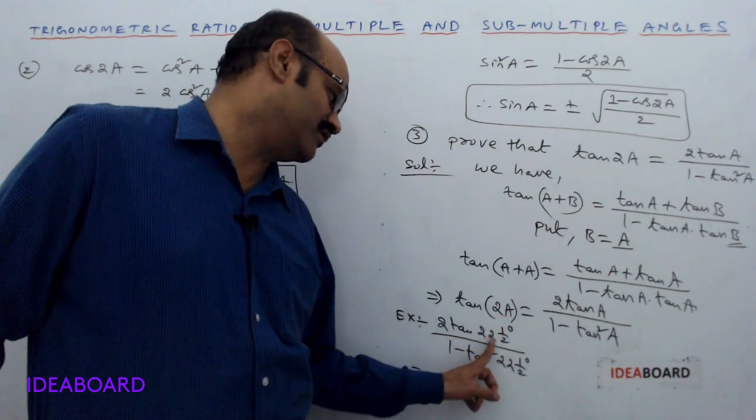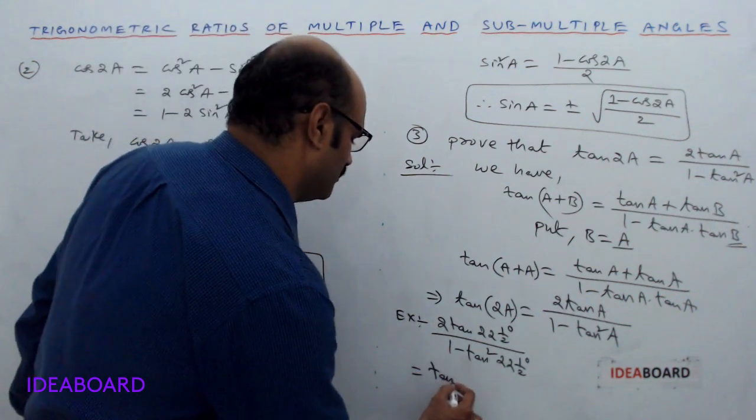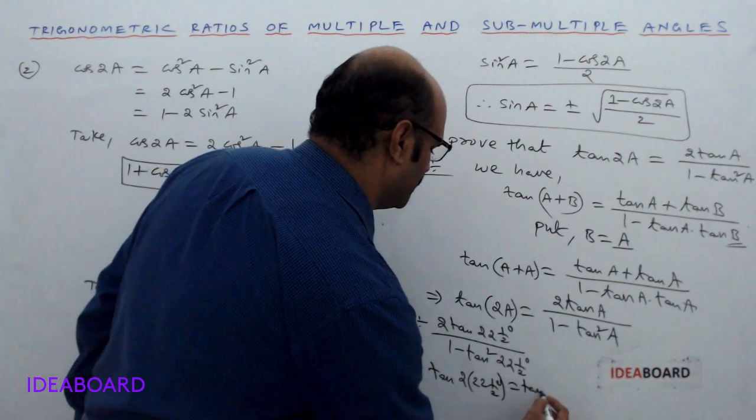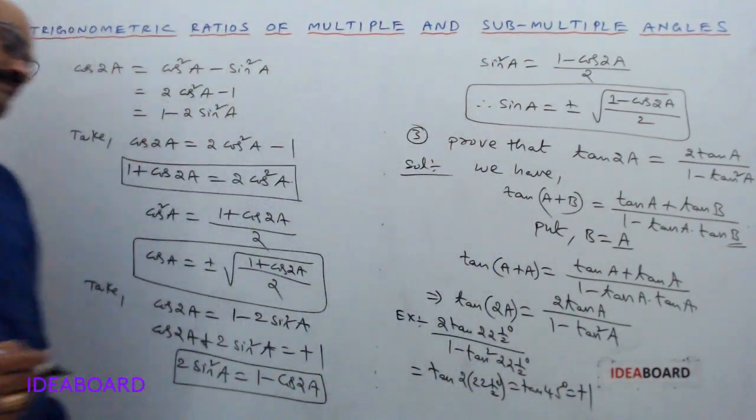In the place of A we have 22.5 degrees. So tan of 2 into 22.5 degrees, tan 45 degrees equal to 1.